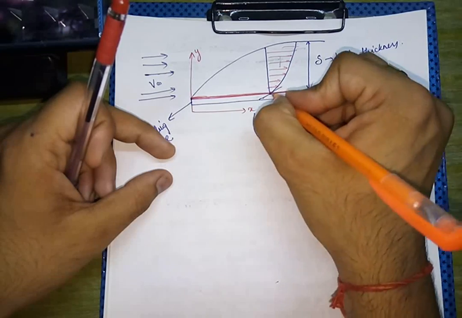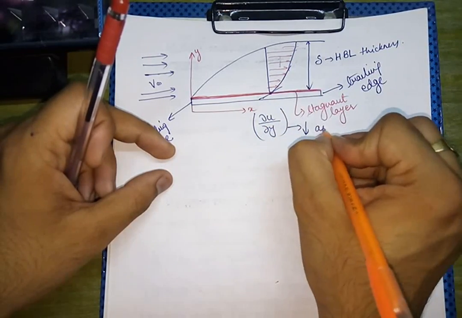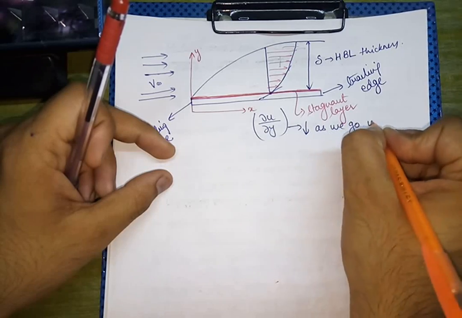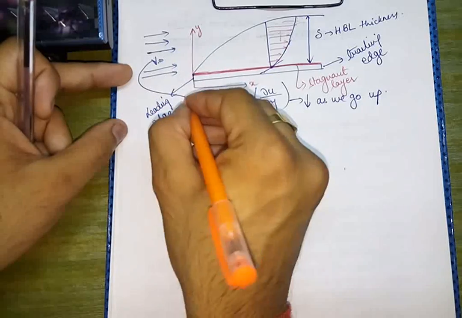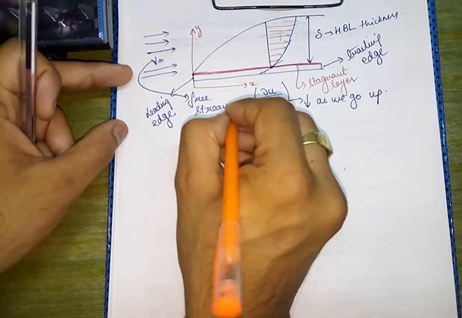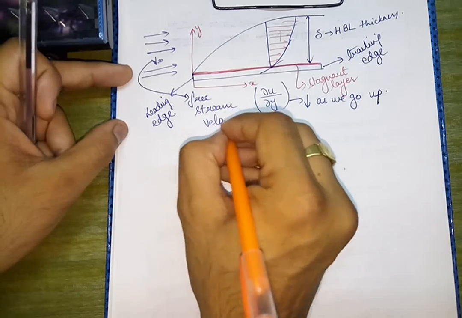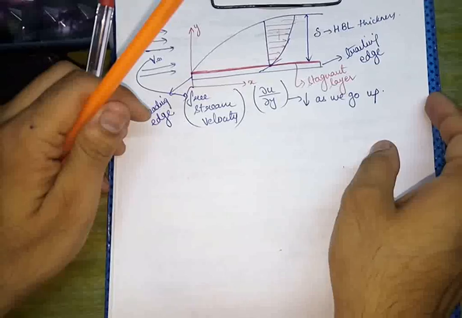Here it is maximum at this point, then it decreases as we go up, and v infinity is called the free stream velocity.